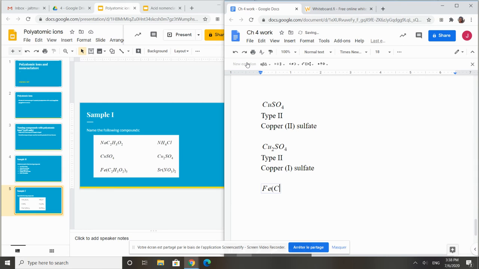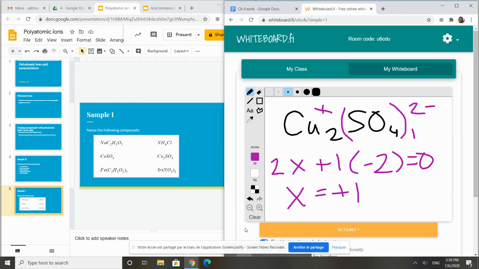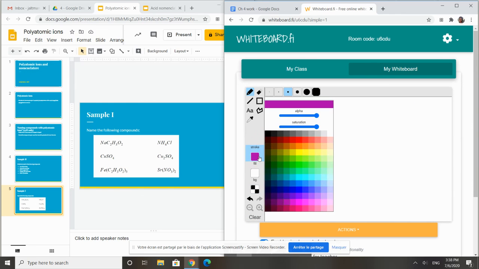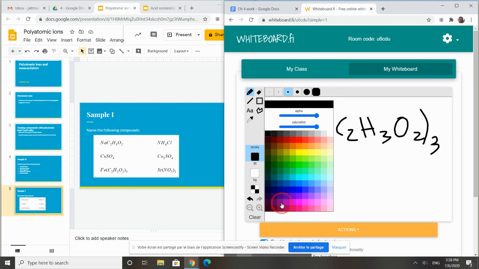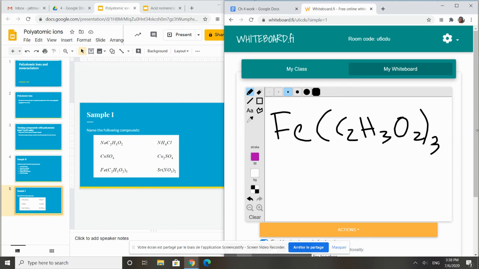Next I have Fe(C2H3O2)3. So this is type 2 because iron is a transition metal. I'm going to need to figure out what the charge is. So the charge of iron, I'm just going to say that it's X because I'm going to figure out what it is.